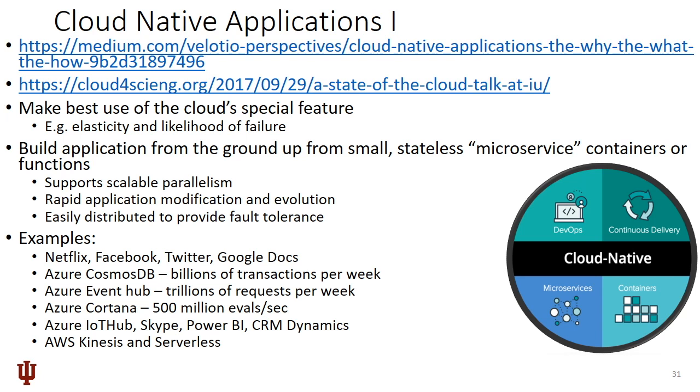Azure does this with billions of transactions per week in the Cosmos DB. The Event Hub has trillions of requests per week. Cortana, IoT hubs, Skype, Power BI, CRM Dynamics, Kinesis, and serverless. So as you can see, this has been adopted and is the industry standard.